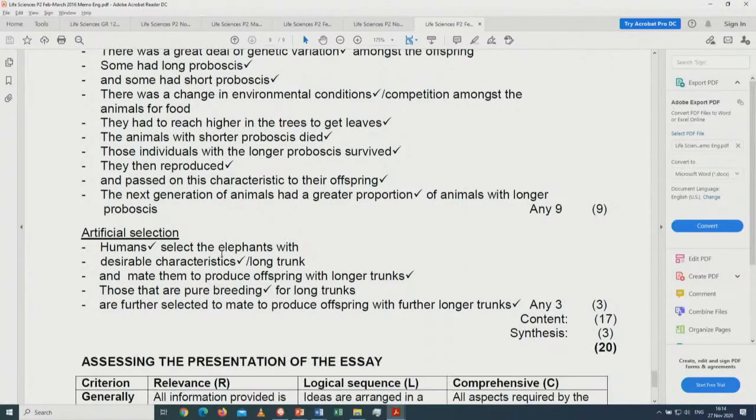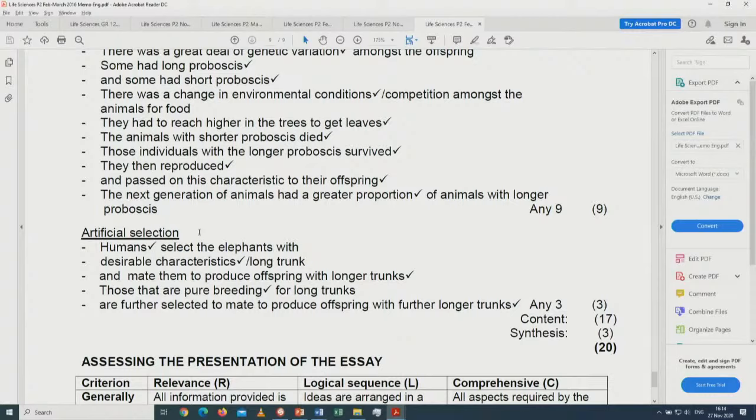Now in artificial selection, remember now, whenever the word artificial comes in, there is a human factor involved. Now humans, they want desirable characteristics from certain group of organisms to suit their own needs.